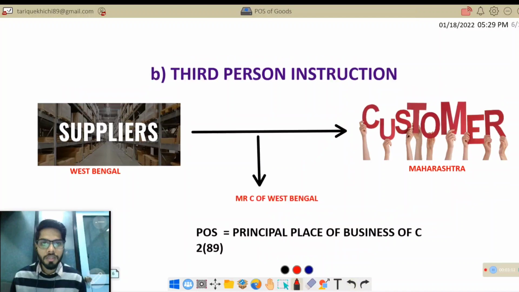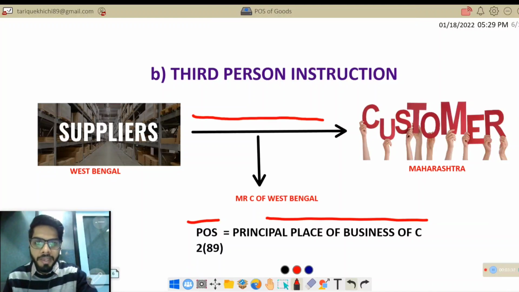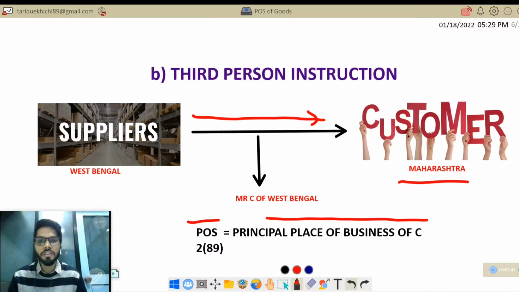Moving next. Second, movement of goods is there, but it is based on the instruction of a third person. So what should be the place of supply? We will assume that the goods are actually transferred to the third person. So place of supply will be the principal place of business of the third person. Let us see with an example. Suppose goods are supplied by a supplier from West Bengal and transferred to Maharashtra, based on the instruction given by Mr. C of West Bengal.